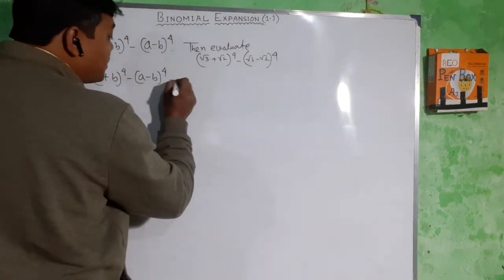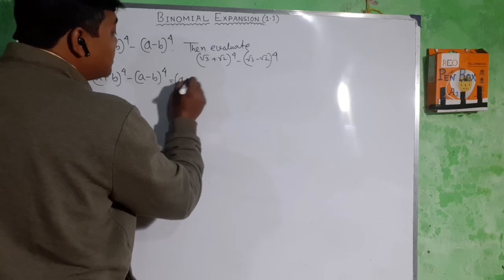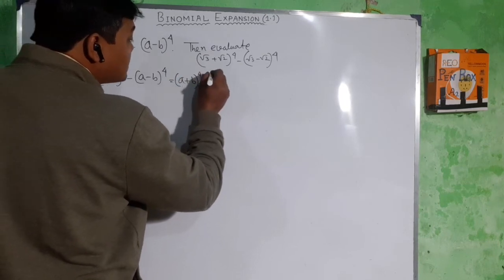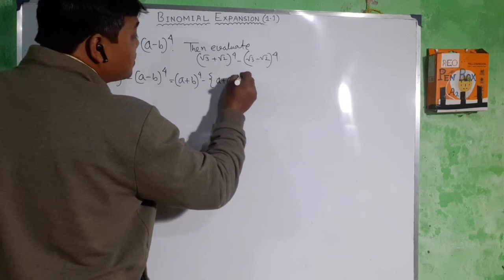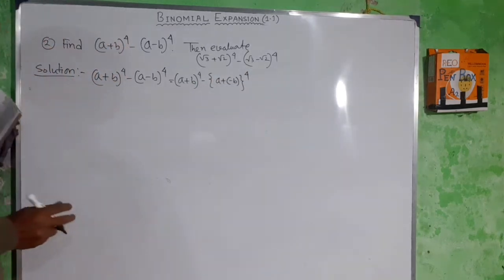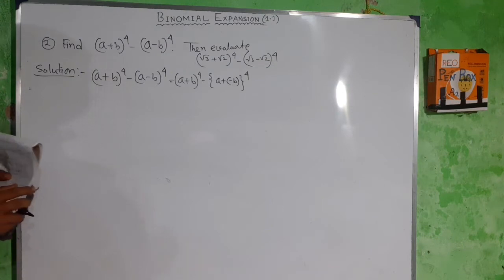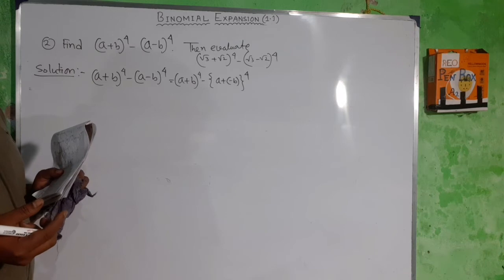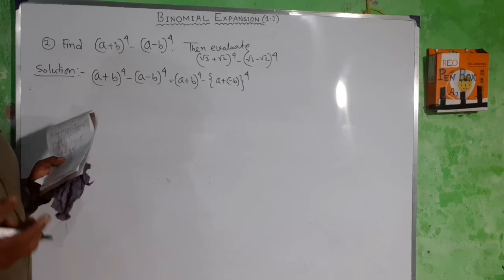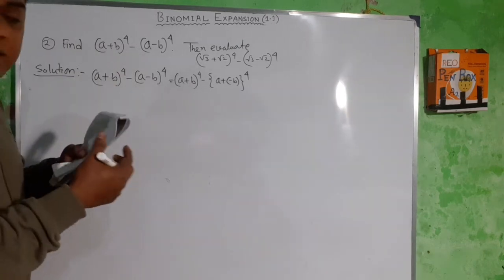Another part, I have to write (a + b)⁴ minus (a plus minus b)⁴, because we have already learned only (a + b)ⁿ. So if any negative sign appears, you take a plus of minus something.